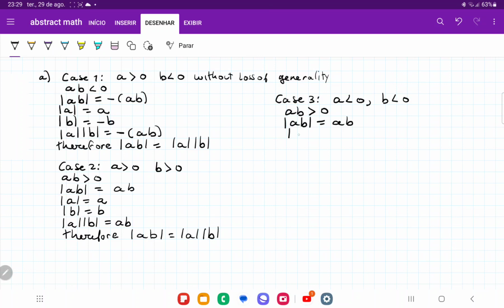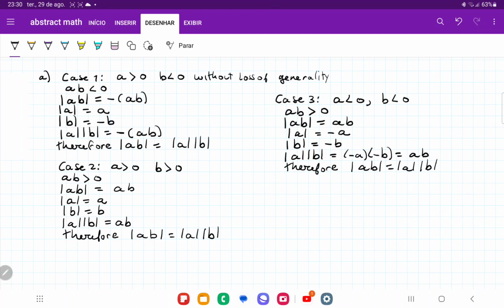But the absolute value of A is minus A, and the absolute value of B is minus B. And so the absolute value of A times the absolute value of B is minus A times minus B, which is also equal to AB. And so we have shown that they are the same, and therefore the absolute value of AB is equal to the absolute value of A times the absolute value of B.